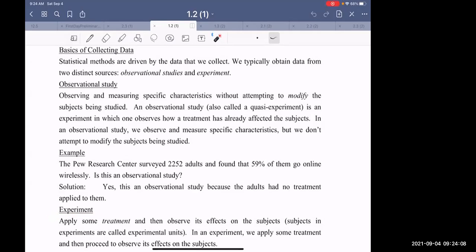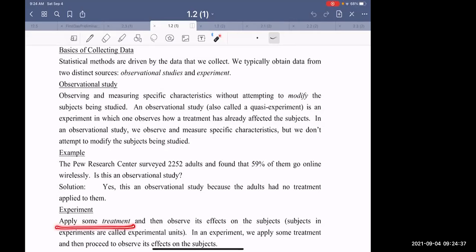In an experiment, you apply some treatment. So that's the difference between an experiment and an observational study. In an observational study, you do not modify. Whereas in an experiment, we give some treatment in order to modify the subjects.